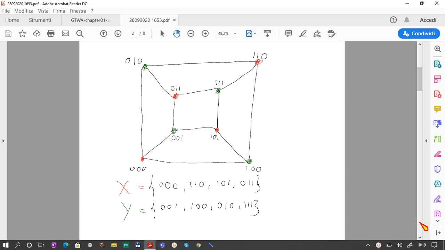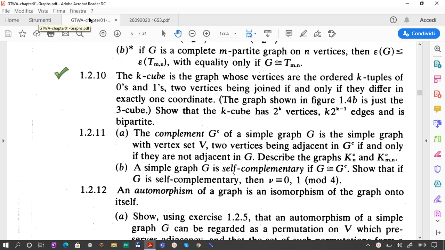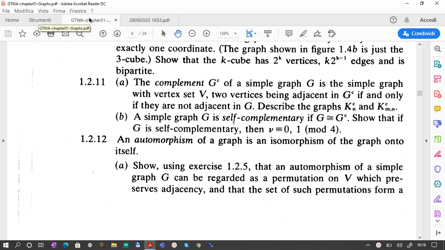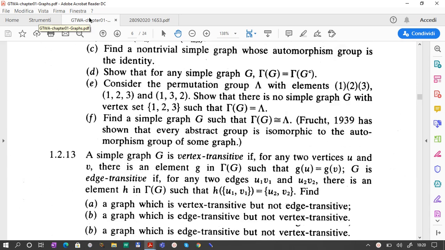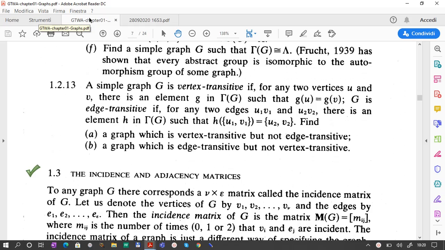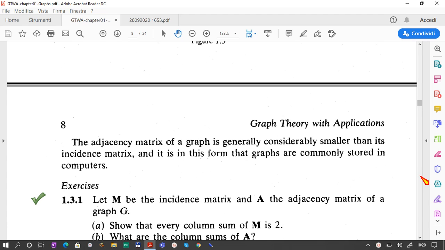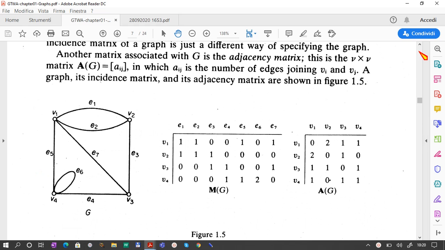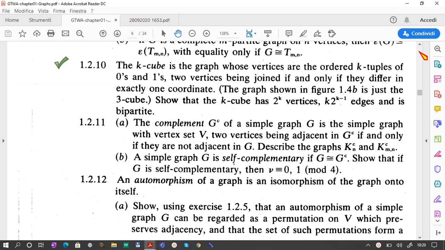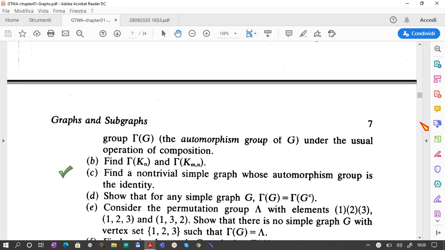Another exercise, simple to state, more difficult to deal with, was this. Oh, it was here.